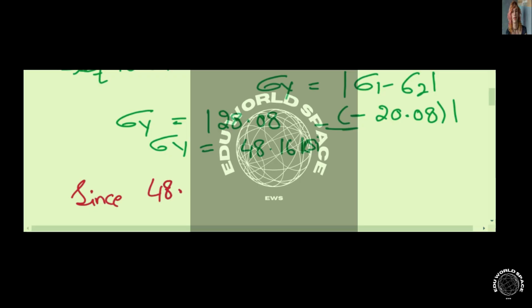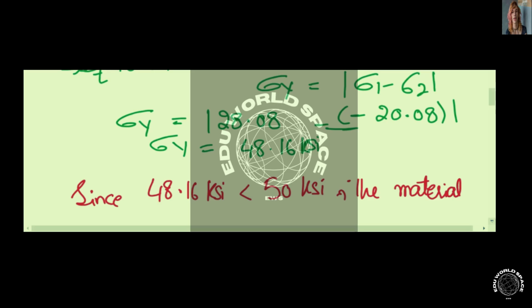Now since this newfound value, 48.16 ksi, is less than 50 ksi, it means that the material fails, right?